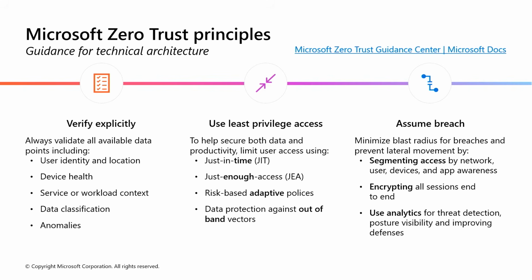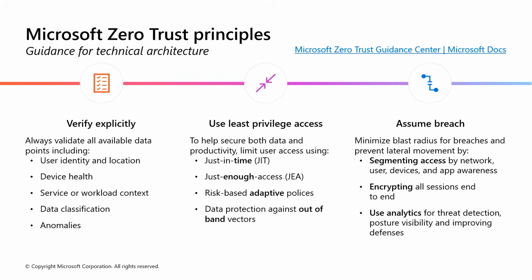With the assumed breach principle of the Zero Trust framework, we operate under the assumption that a breach is not just possible, but likely. This means we don't fall into the trap of believing our systems are entirely secure. Instead, we proactively plan for the possibility of compromise by segmenting access, encrypting all sessions, and leveraging analytics for threat detection and response.